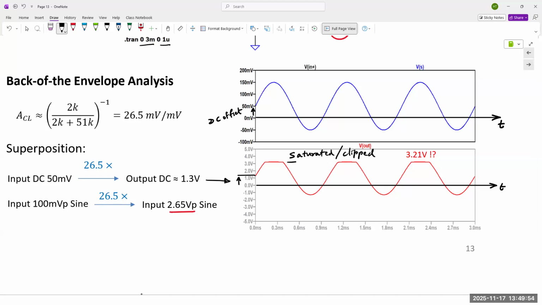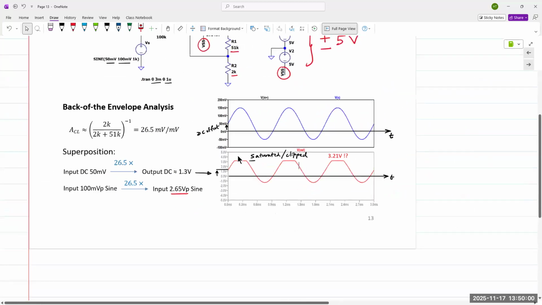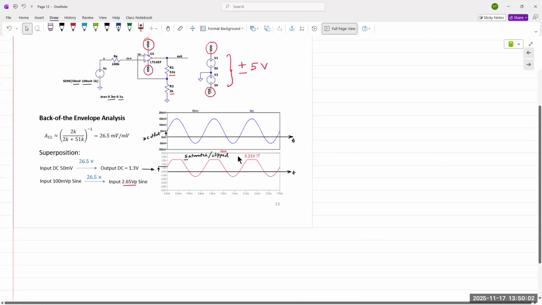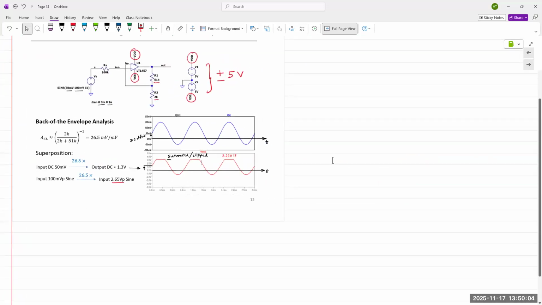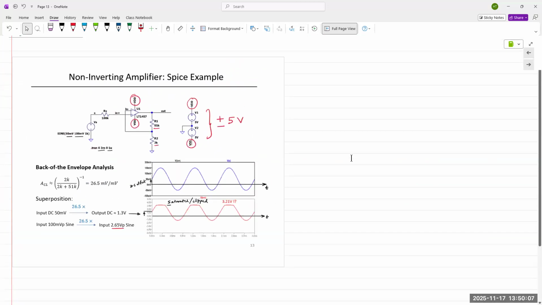And the reason for that is it is hitting the upper limits of the power supply. You can see here it does cross 3 volts. So we obtain 3.1, 3.2-ish, 3.2 maybe, right here, and then it clips.